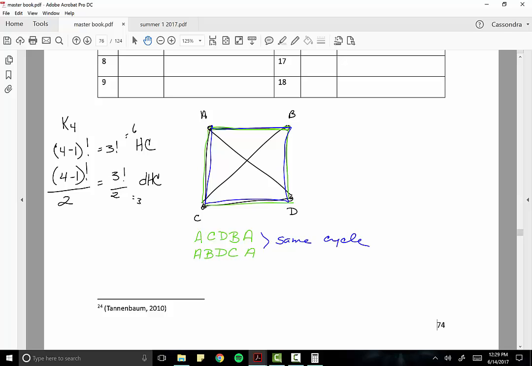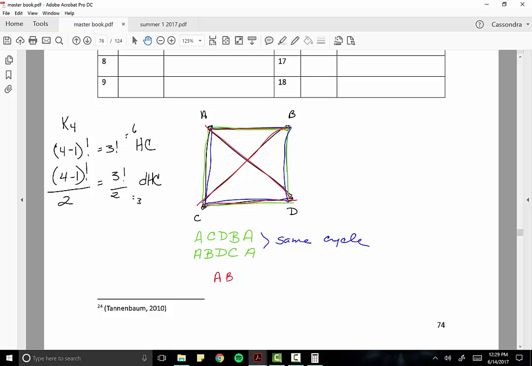Okay, so what this distinct Hamilton cycle does is takes out the backwards ones. So let's find all the rest, so that you guys can have at least one example of this.